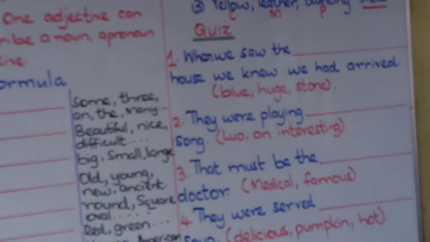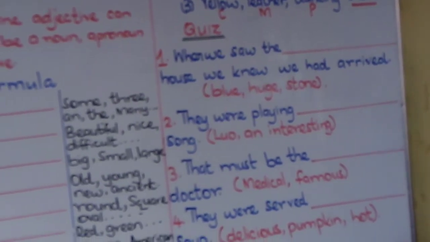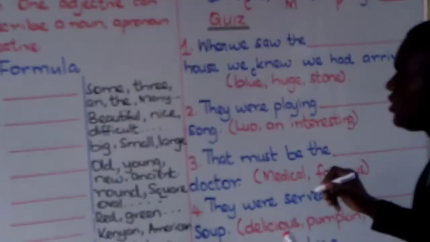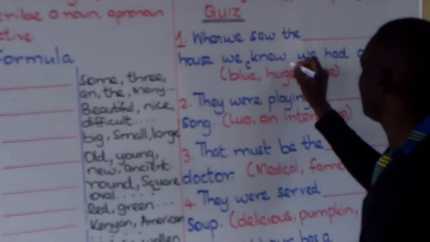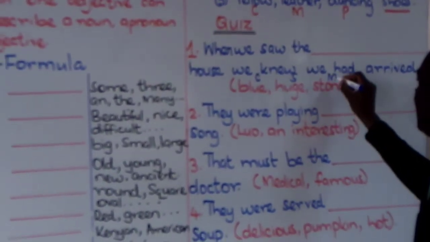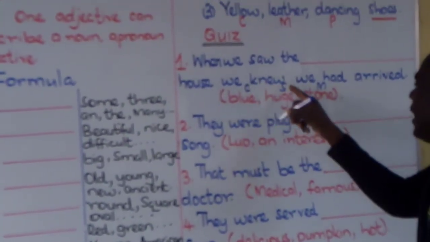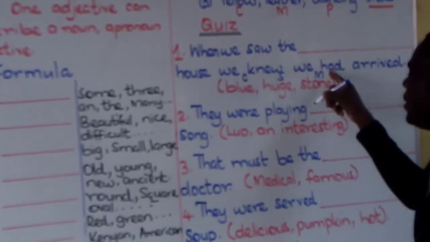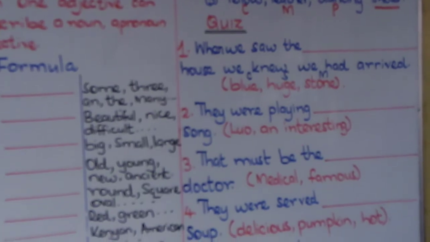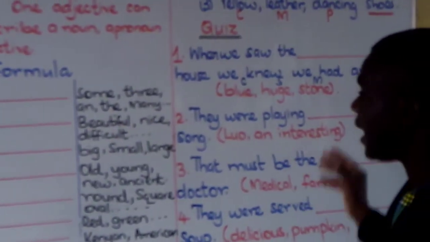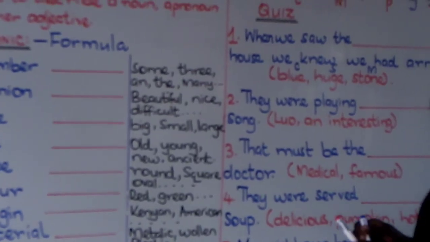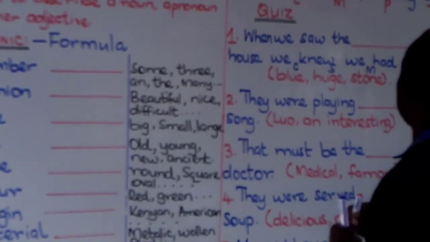Blue. Where is blue? Blue is color. Huge, size. Stone, material. Now, how are color, size, and material arranged in our order of adjectives? Which one comes first? Size. Size comes first.